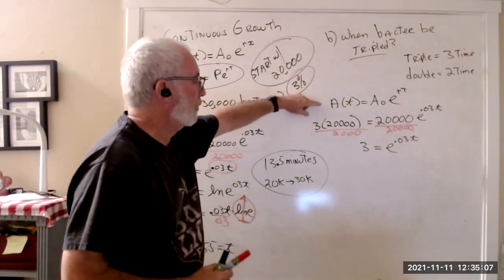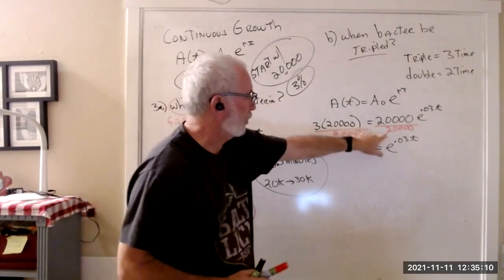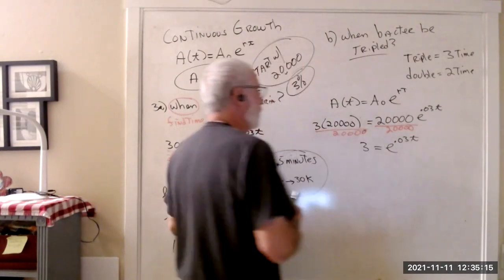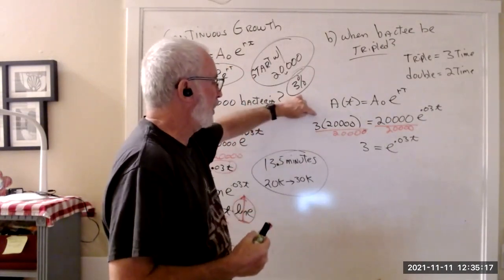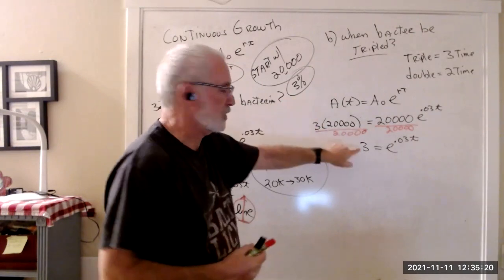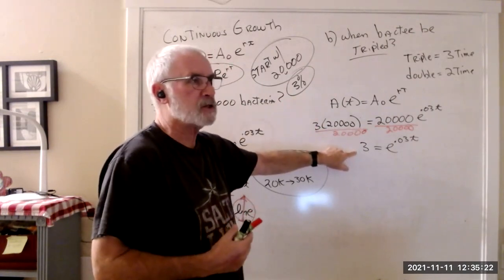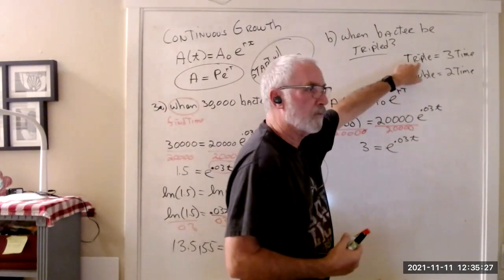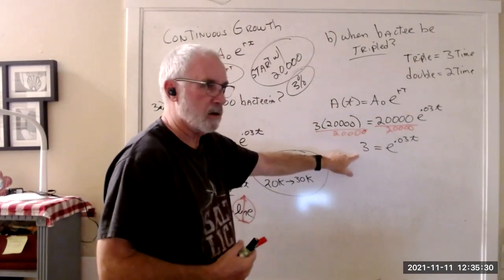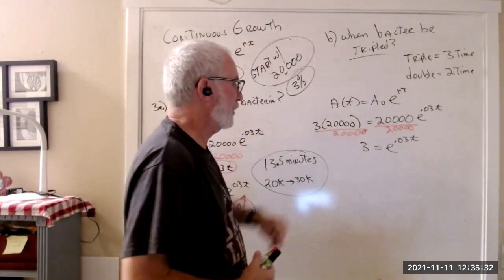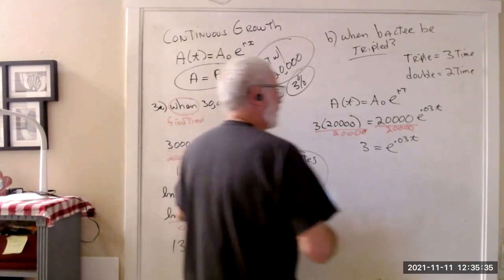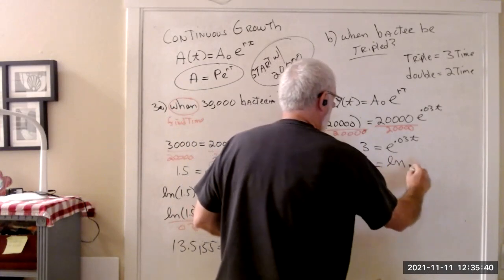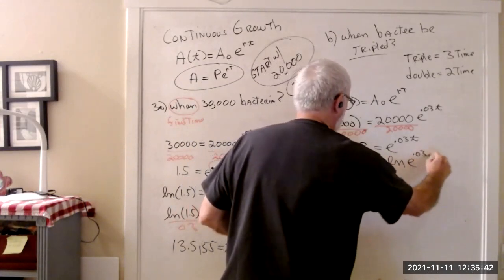Okay. So I started by dividing both sides by 20,000. And it turns out that when you divide 60,000 by 20,000, you get 3. That's suspicious. When it said triple, everything canceled to a 3. Think about that. All right, we take the ln of both sides. So we have the ln of 3 equals the ln of e to the 0.03 t.